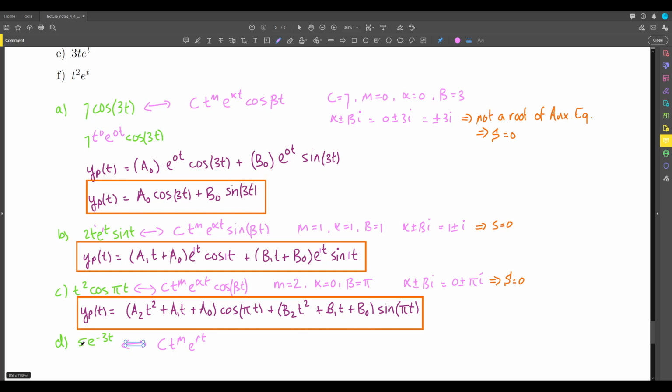And there's no power of t on the left-hand side, but we can write this as 5 times t to the power 0, and then e to the power negative 3t. So what we learn from that is that m is 0 and r equals negative 3.